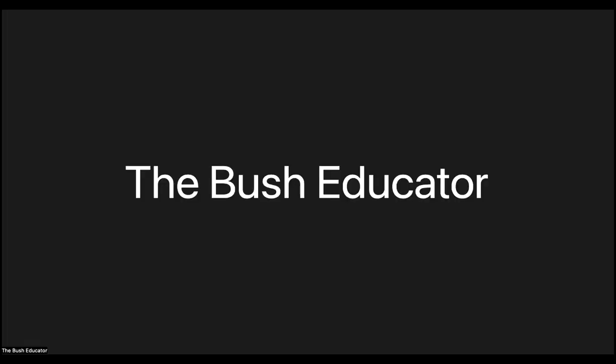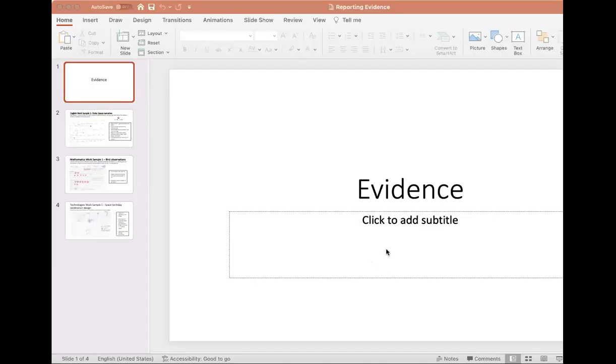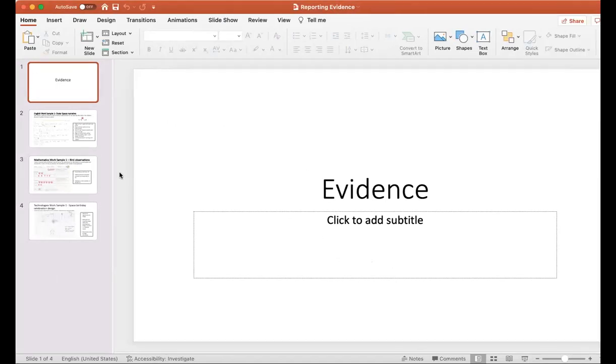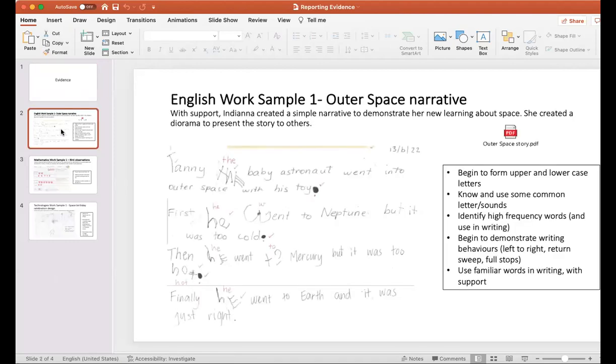So once I put the PowerPoints together, I then simply just cut and paste the slides into a new PowerPoint. So I created a new PowerPoint. I'm yet to decorate it and put it together, but this will have 2 English work samples, 2 maths and 2 technologies.